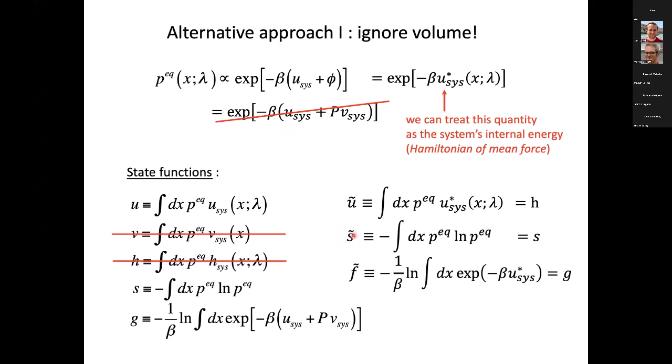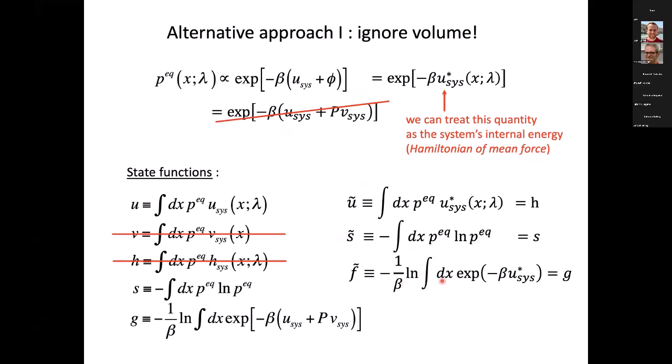There's no reason for me to change the definition of entropy. So in this alternative approach, I'm still going to use the Shannon expression for entropy. And now, because I'm ignoring volume, and this looks like an ordinary Boltzmann factor, let me define the Helmholtz free energy associated with this equilibrium state to be minus kT times the log of the corresponding partition function.